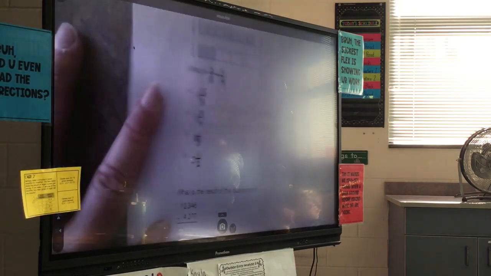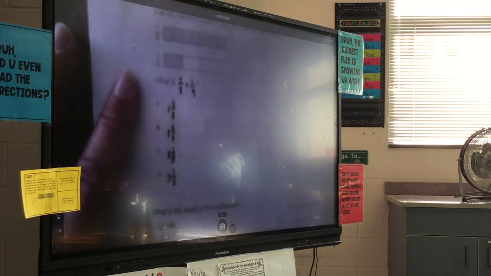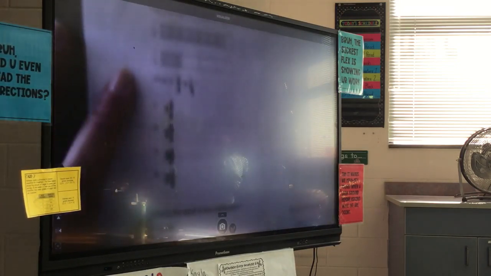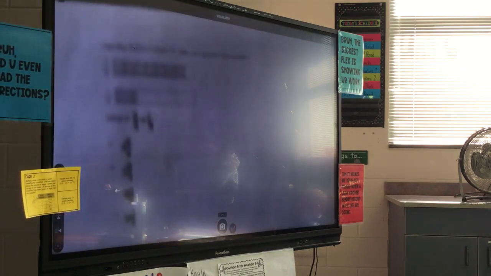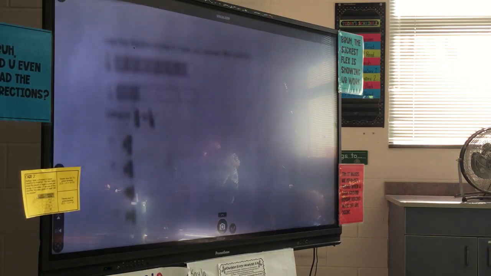Go to this one. I don't know what number it is or what page it is on for you guys. So it's the one with use the fraction model to help you answer the question. We really doing this today, aren't we?